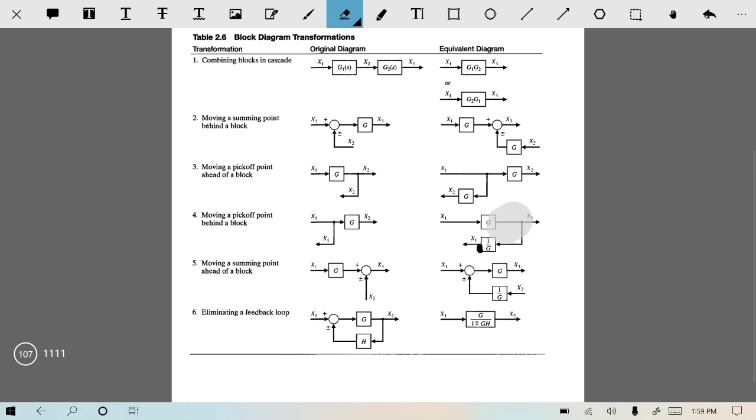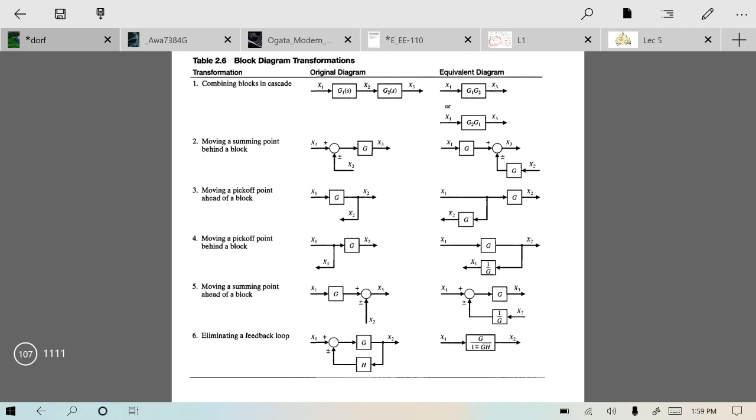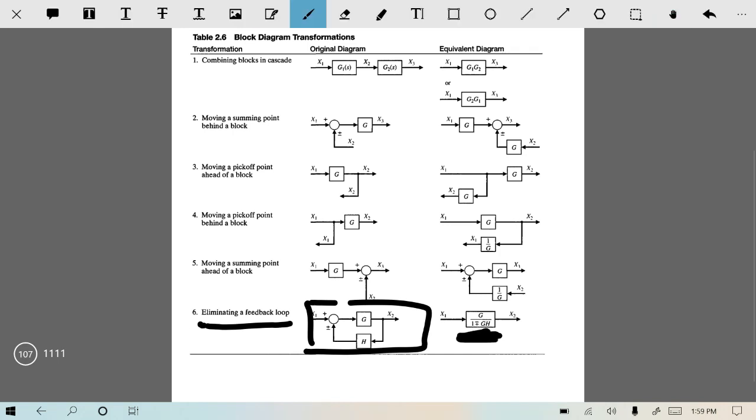Okay. Next was moving a summing point ahead of a block. This is similar to point 2. And another, the sixth one, I told you is a very important point: eliminating a feedback loop. If there is a feedback loop in your system and you want to convert this whole feedback loop into one single block, then we evaluated this expression earlier in our lecture.